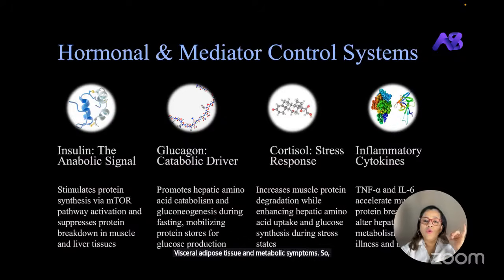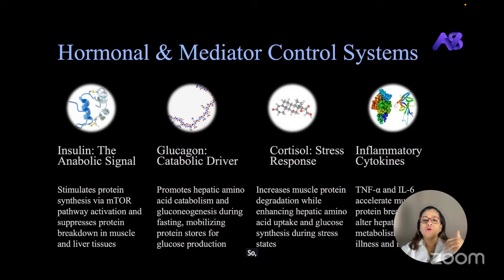Now, glucagon, which is a catabolic driver, is from the alpha cells of the pancreas. Okay, beta cell is insulin, alpha cell is glucagon. The trigger is fasting or hypoglycemia or stress.